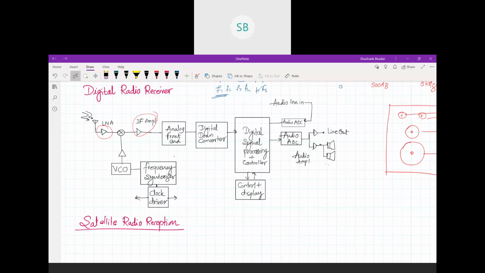So 2.3 gigahertz, basically the S band, is used for satellite radio service. In most parts, one can use 1.4 gigahertz, which falls within the L band, basically allocated for DAB, that is digital audio broadcast.